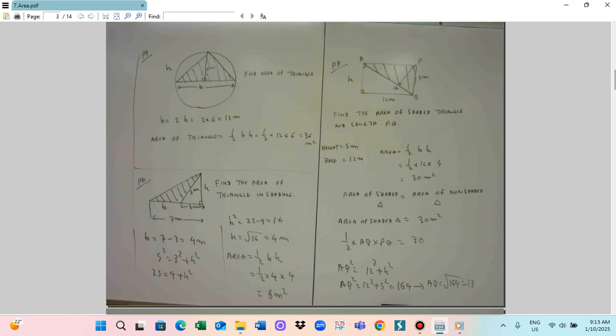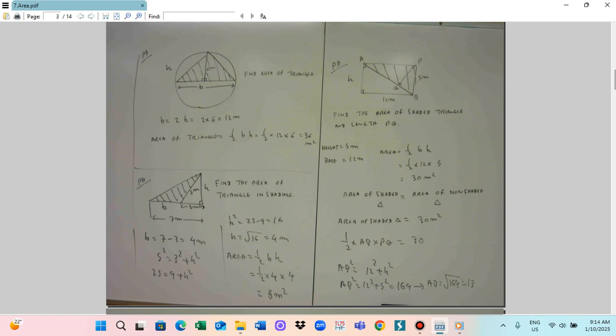Then you can find the area of the triangle: half multiply B into h. Half multiply, B is 12 and h is 6, so you get 36 meters square. By this way you can calculate the area.